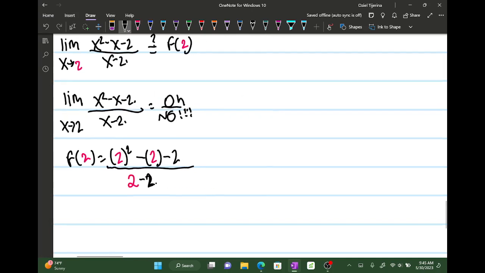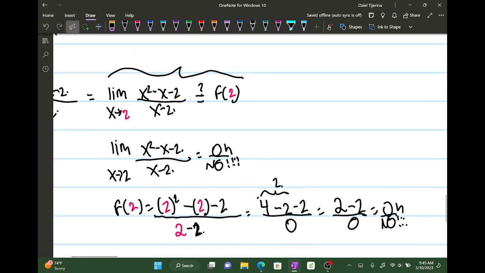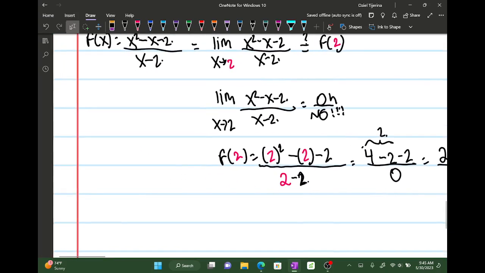So as you can see, this becomes 4 minus 2 minus 2 over 0, which is 0 over 0, which means, oh no, right? So in order to find this limit, we need to do some other things.